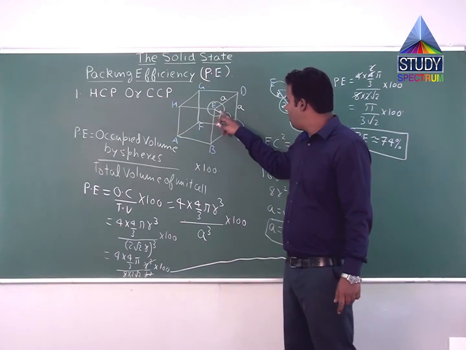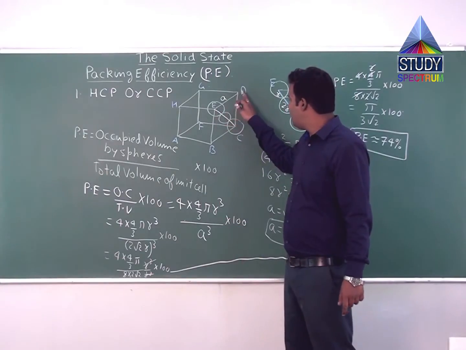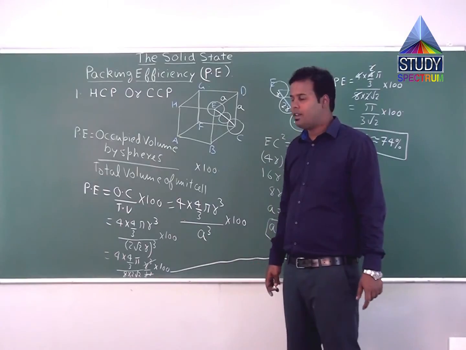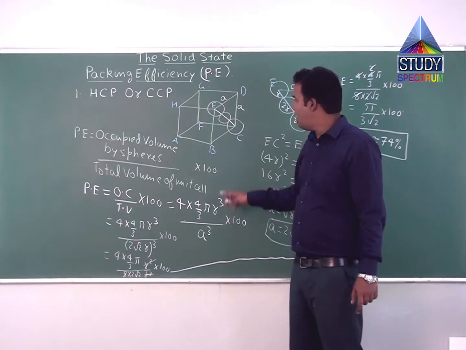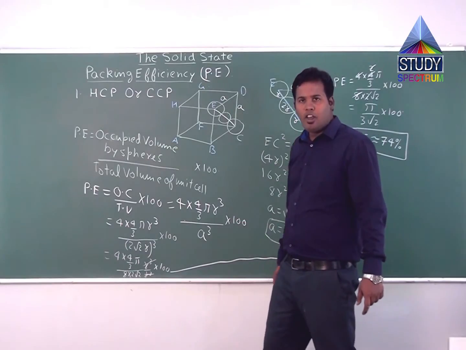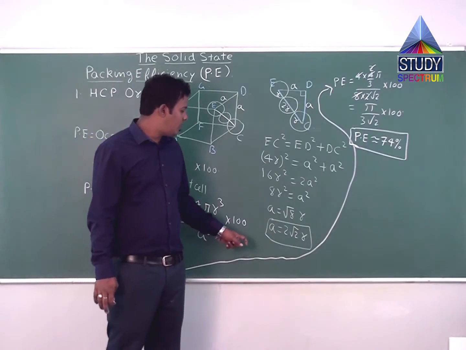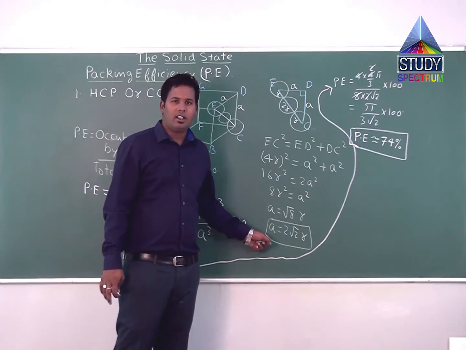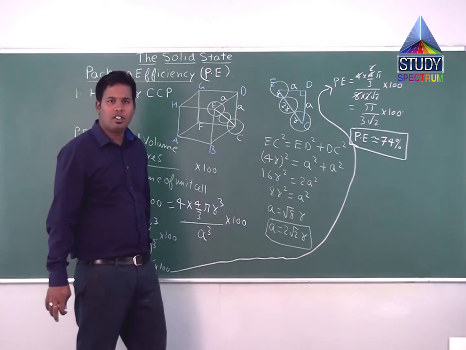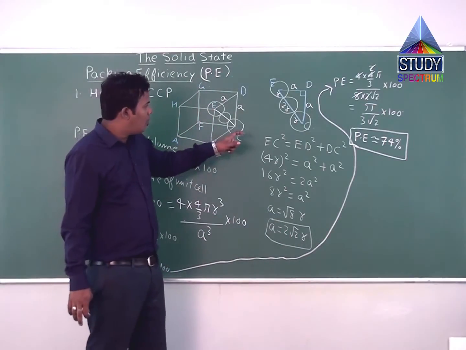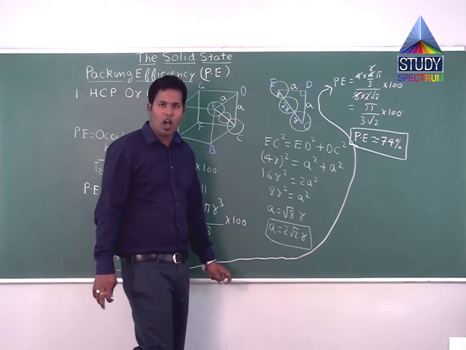We have joined only one diagonal, that is EC of that face, and we have considered only one triangle of that face, that is triangle CDE, which is right angled at D. We have applied Pythagoras theorem in this triangle EDC. Why? To generate a relation between the edge length a of this cube and the radius r of these identical spheres. By doing so, we have generated the relation a is equal to 2 root 2 r.